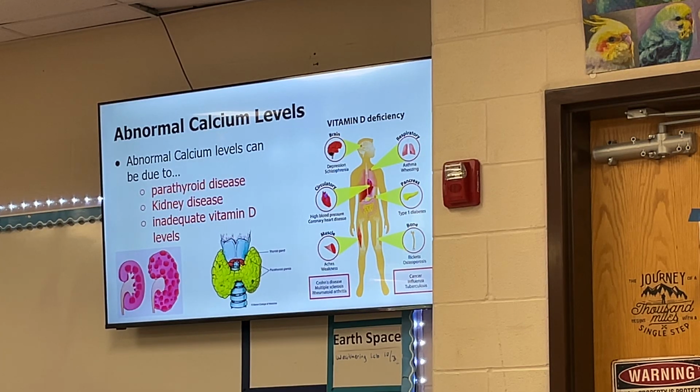Kidney disease is an overarching term for lots of things that are messed up with the kidney, or it could be cysts in the kidney, it could be a tumor on the kidney, it could be a smaller kidney, it could be something wrong with the filtration of the kidney, all of the above, any of the above. Yeah, it's just a term that they give for something's wrong with your kidneys.